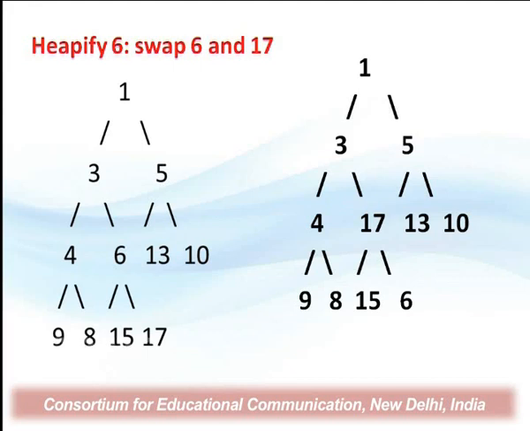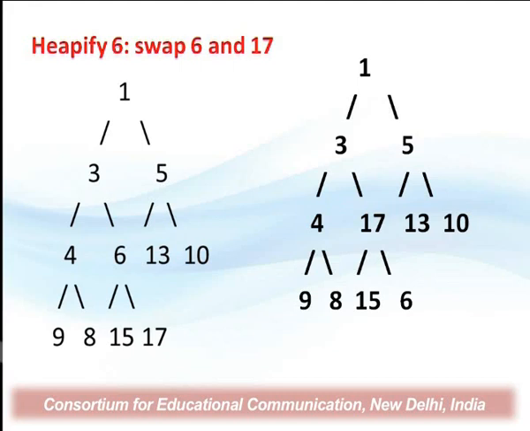Now considering the last subtree of this tree in level order traversal, which is 17, 15 and 6, we can say that yes, it is a max heap, because the root, which is 17, is greater than its left child 15, and it is also greater than its right child 6.